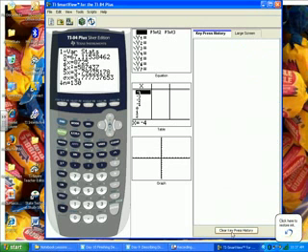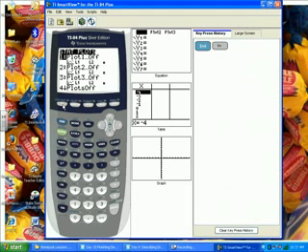Here we go. We do a histogram with a stat plot. So go second, y equals, and that gets you your stat plot. Okay, let's go into one of them. You may have some on, you may have some off. Why don't you turn them all off if they're not all off?